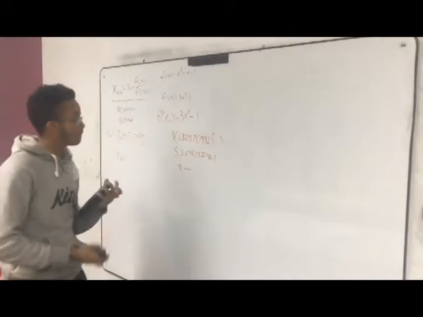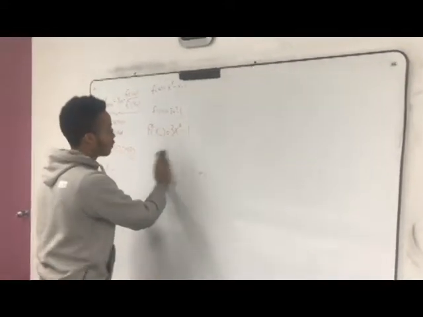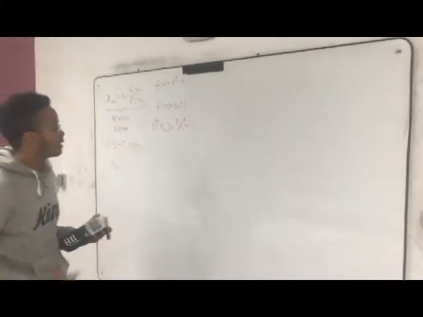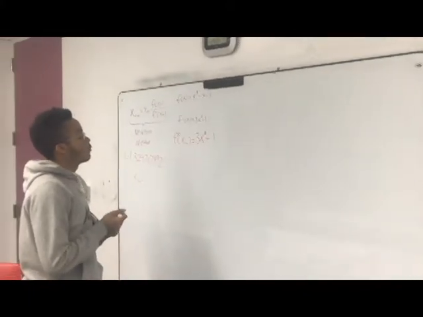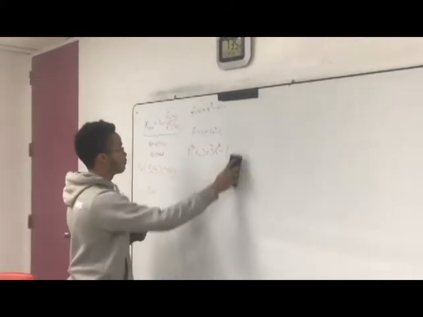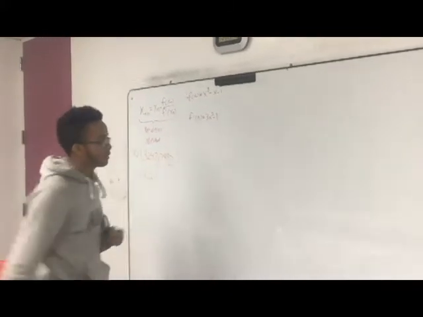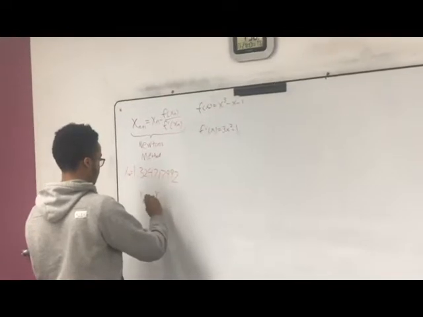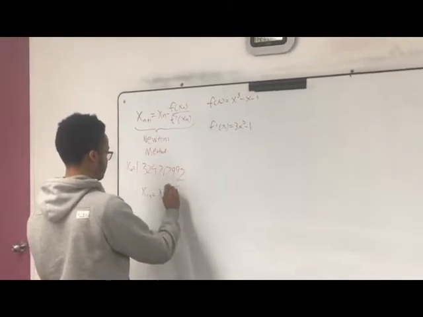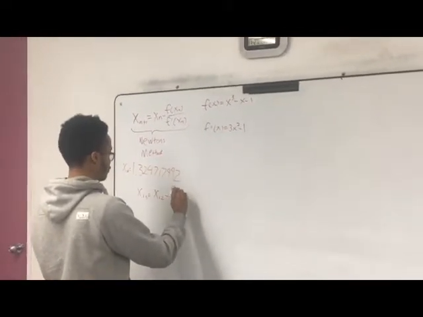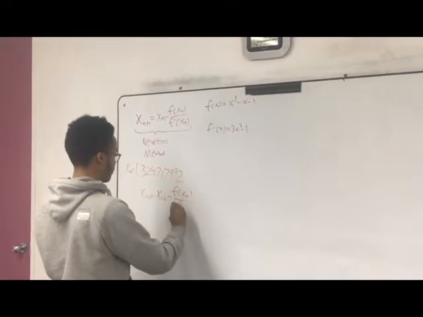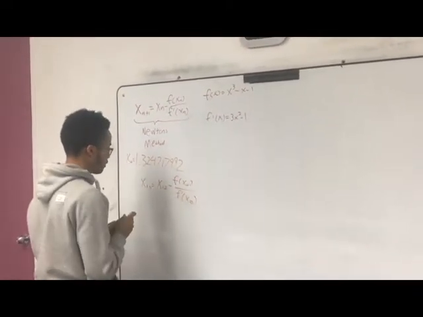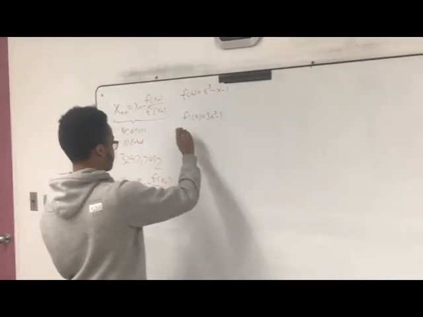Now that we have what our function and prime function would be had we plugged in 0.6, we now plug it back into our Newton's method. x12 minus f of x12 divided by f prime of x12. Come over here.